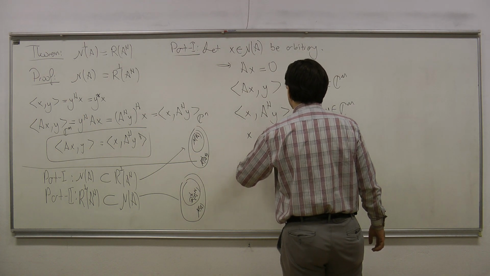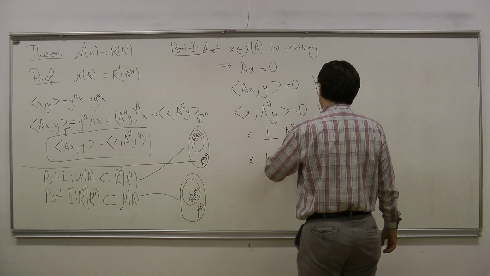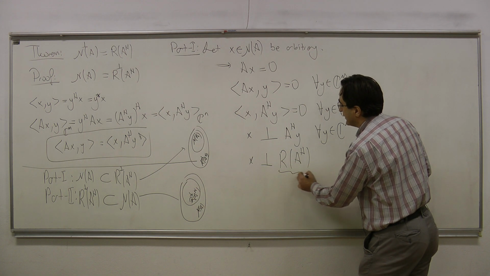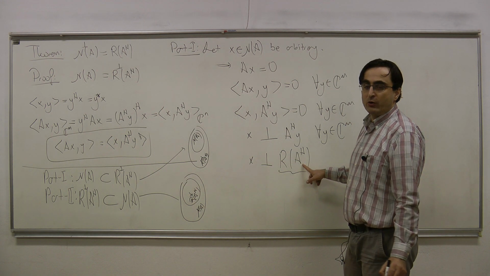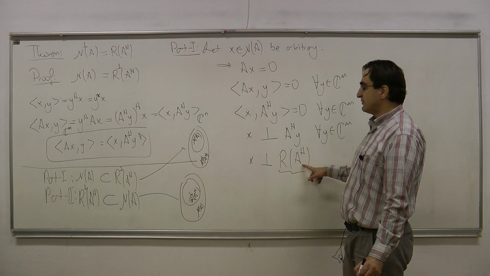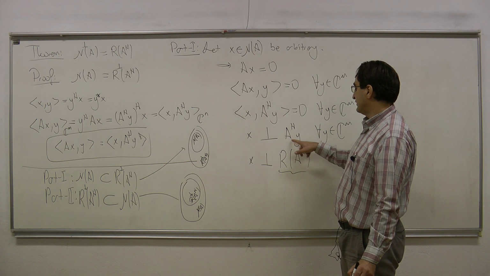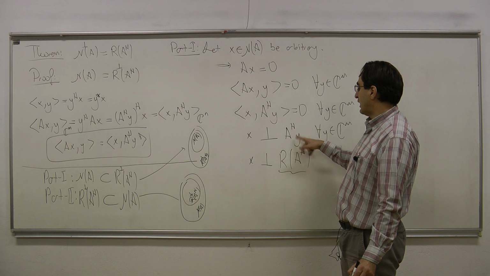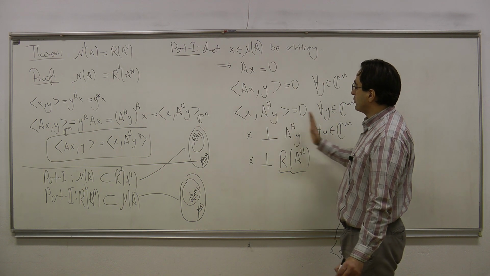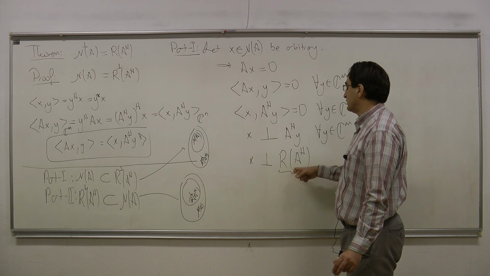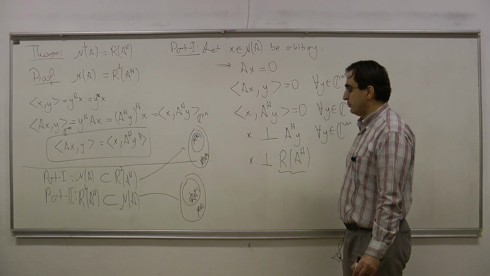So X is orthogonal to range space of A Hermitian. Why is that? Because any vector inside range space of A Hermitian can be written as a linear combination of columns of A Hermitian. And this is what this tells. A Hermitian y is a linear combination of columns of A Hermitian. That means that X should be orthogonal to range space of A Hermitian.